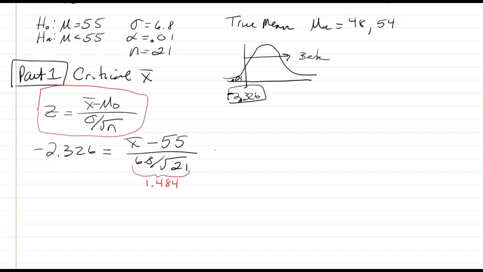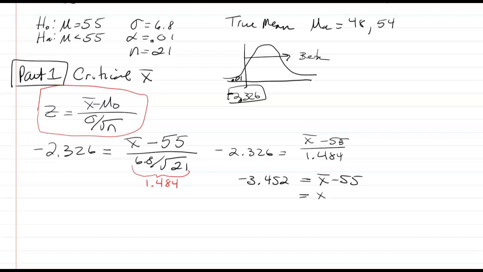So now I've got negative 2.326 equals Xbar minus 55 over 1.484. I'm going to multiply both sides by that 1.484. And when I multiply negative 2.326 by 1.484, I get negative 3.452, equals Xbar minus 55, and then of course add 55 to both sides.